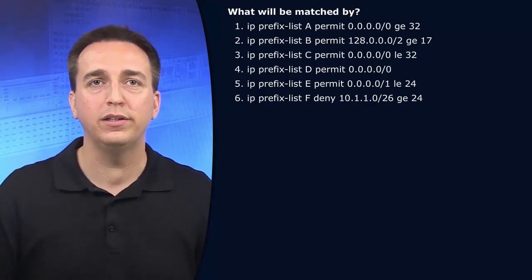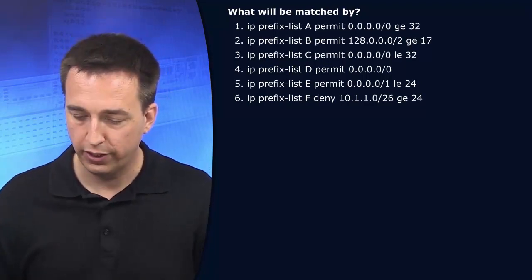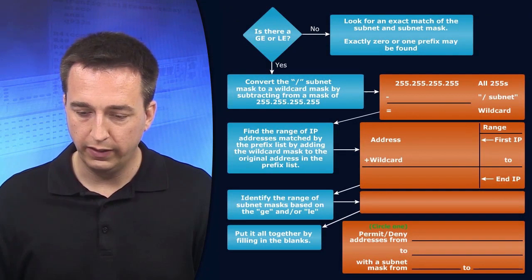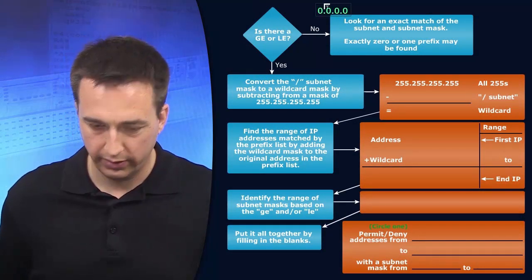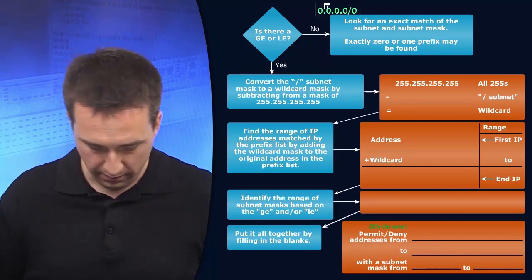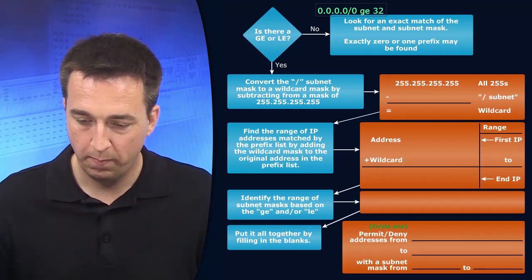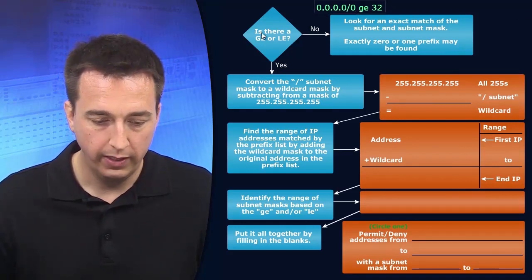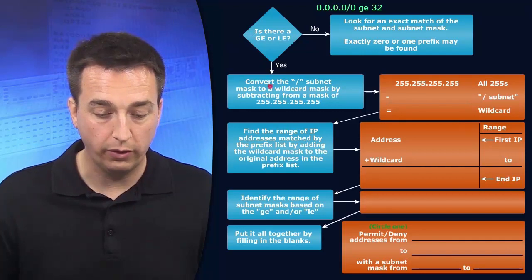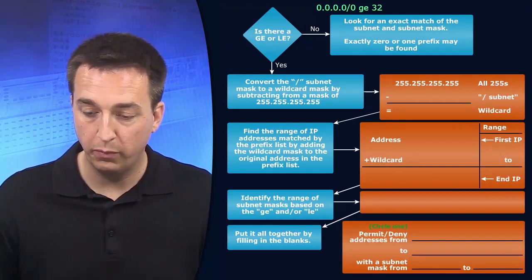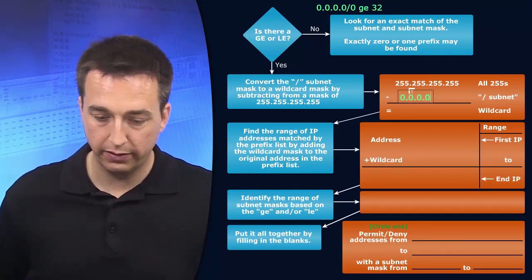So the first one, 0.0.0.0/0 greater than or equal to 32. Let's go to our chart. Let's fill it in up at the top here. We're looking for 0.0.0.0/0 greater than or equal to 32. Is there a GE or LE? Yes, there is. So convert the slash, and when we convert the slash, which is a 0, we're going to have 0.0.0.0.